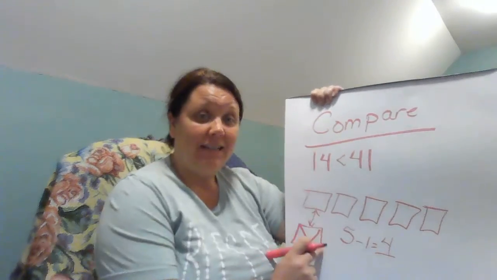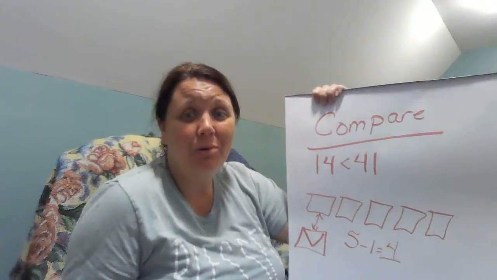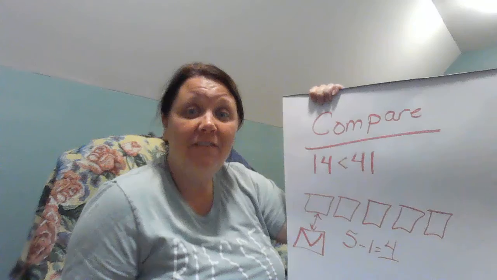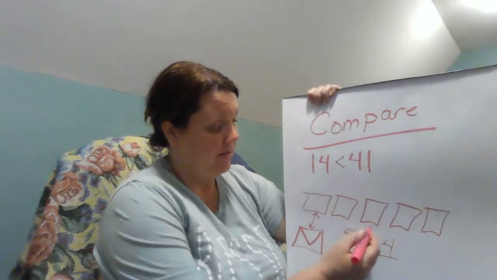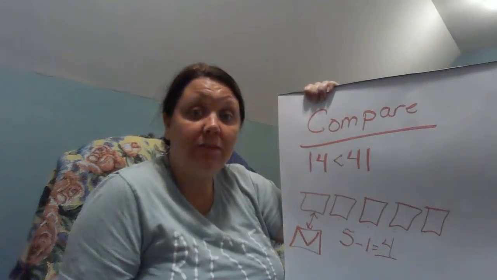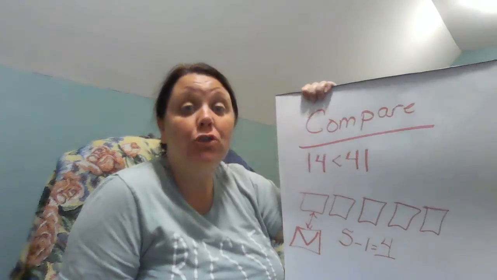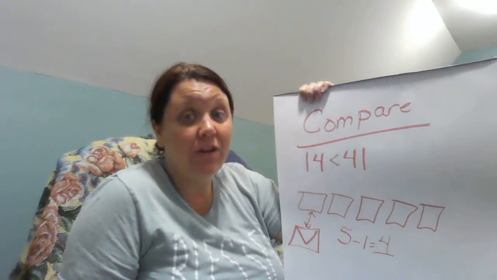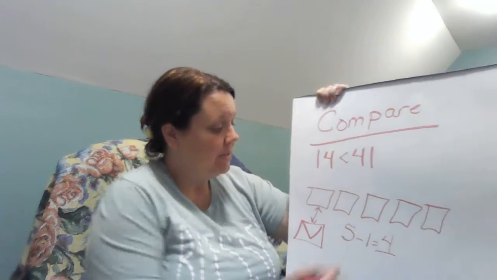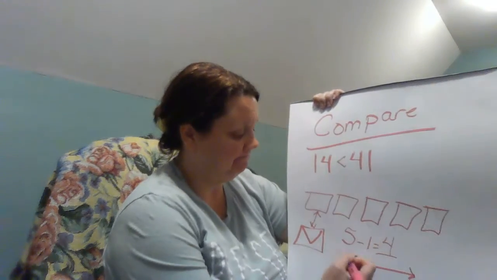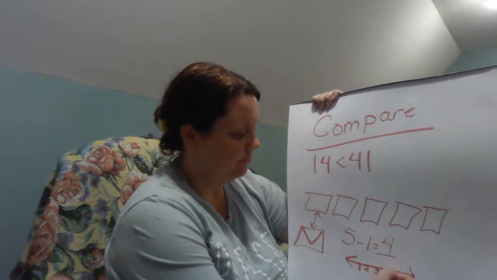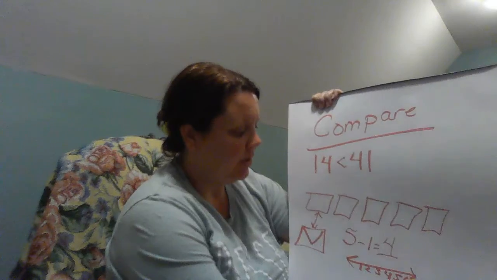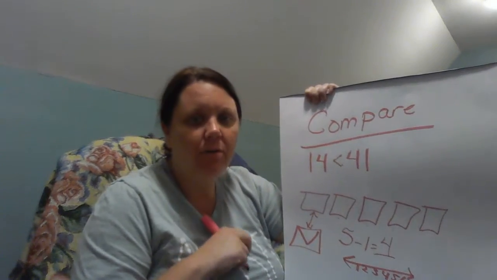So when we looked at the problem, we had to decide what we were going to do to find the amount of envelopes. And we decided to subtract to compare the numbers, okay? So let's look at the number line. What would we do if we were on a number line?